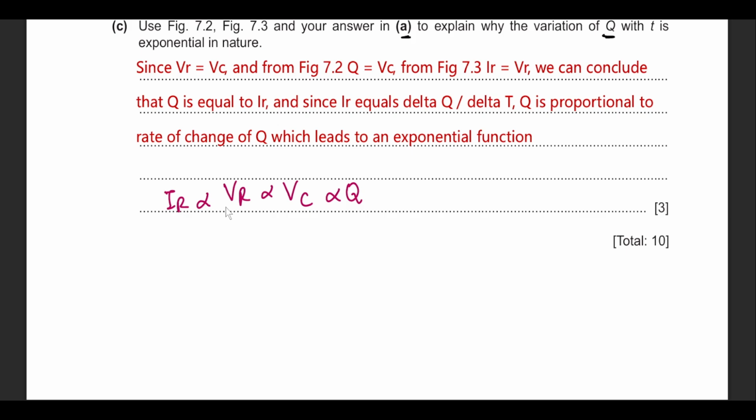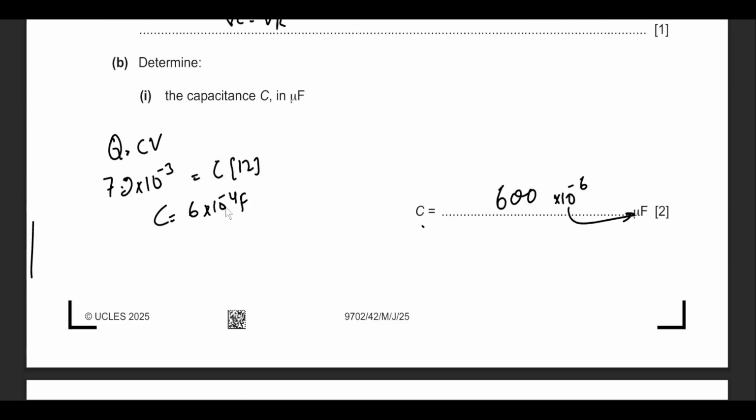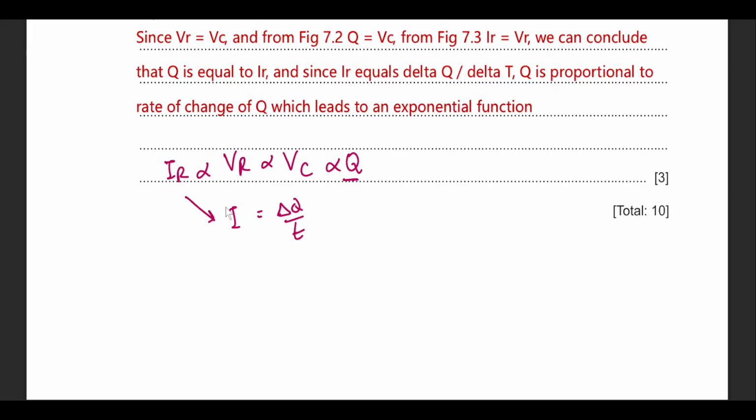Okay. Now, the current in the circuit is equal to the rate of change of charge. We are already doing that when we are looking at graph 7.2. We are calculating the rate of change of charge, right?